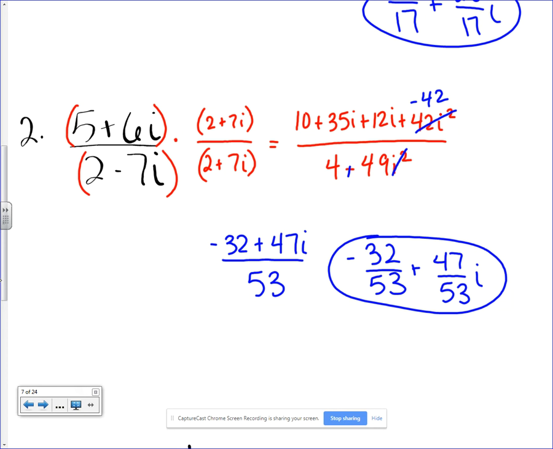No, this is straight problem solving. That's it. Any questions at all? Okay.